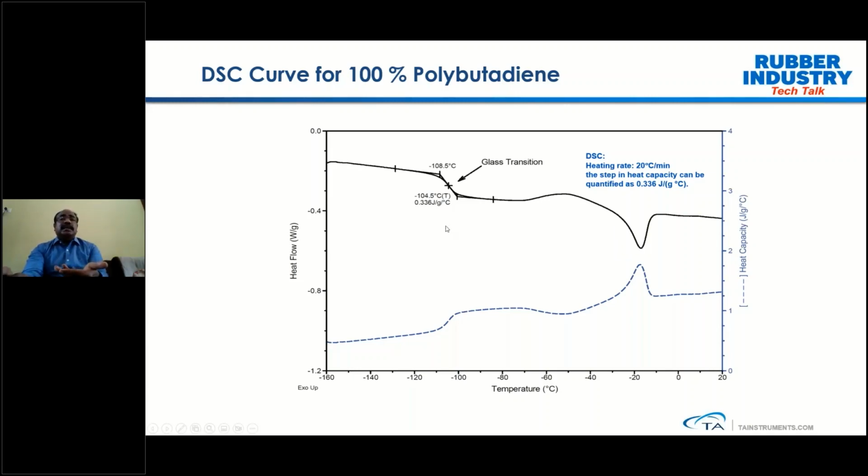Then as you heat further, the amorphous material converts to crystalline, and as you heat further, you can see the endotherm due to melting, and the same is reflected in the heat capacity signal also. You can see the heat capacity is increasing above the glass transition temperature.